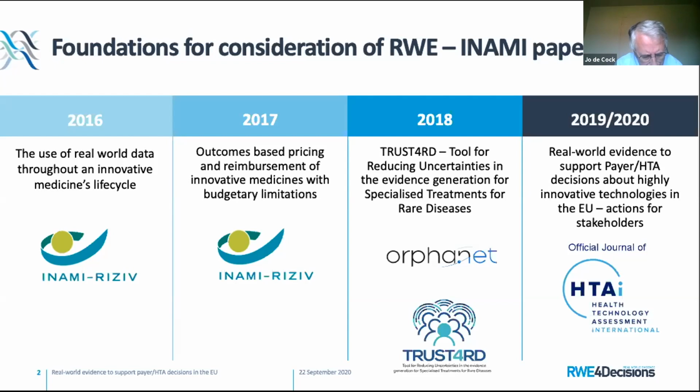The second paper we discussed, with the conclusions of this multi-stakeholder discussion, was linked directly with the aim of getting more insight on the place real-world evidence could play in outcomes-based pricing and reimbursement decisions. As you know, managed entry agreements have a great and bigger place now in decision-making for health payers.